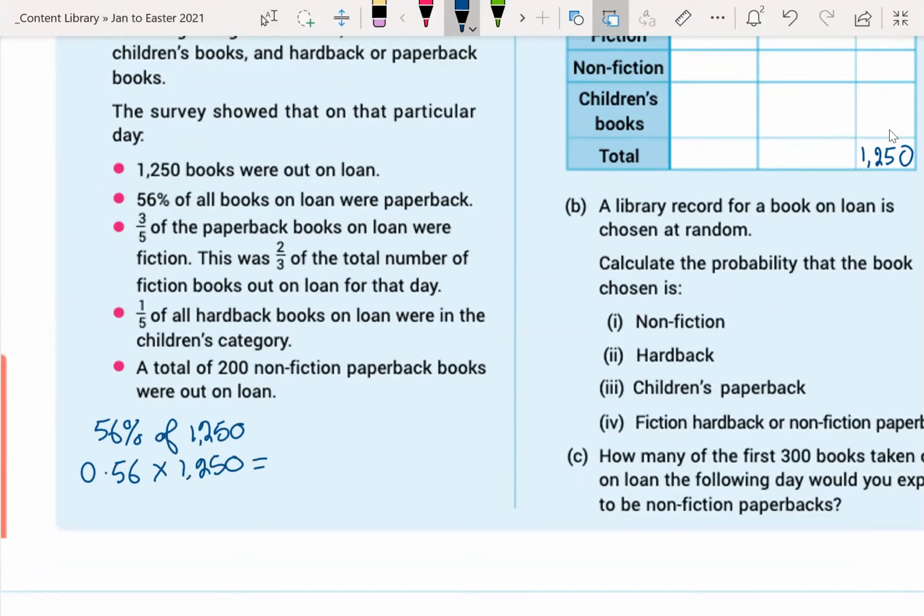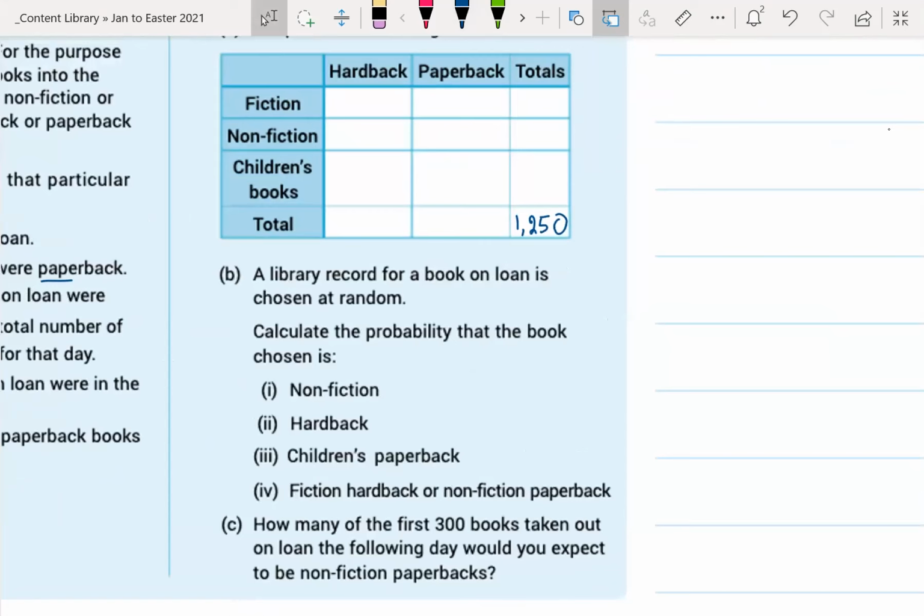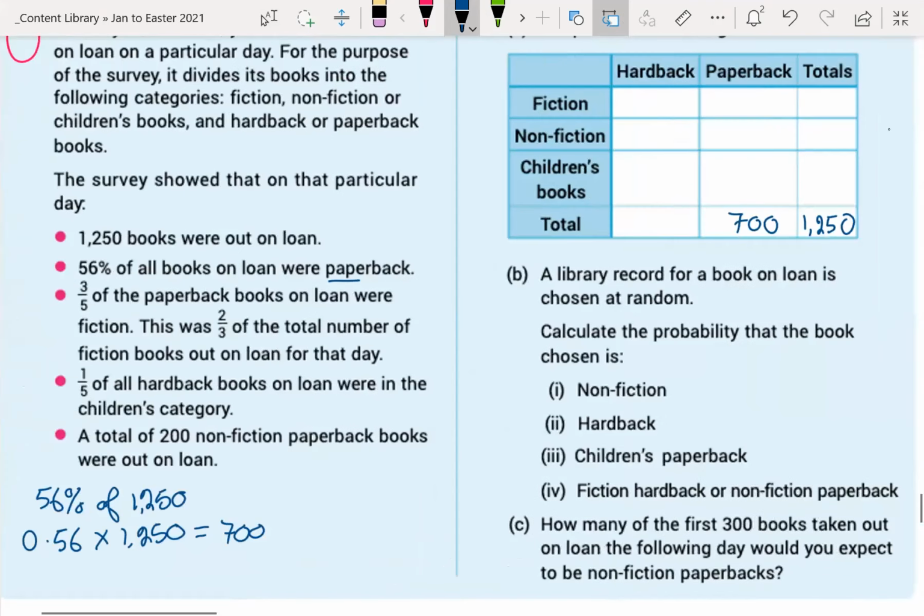Let's grab our calculator. That gives us 700. So 700 of these books were paperback. That can go in here now. So paperback, 700.